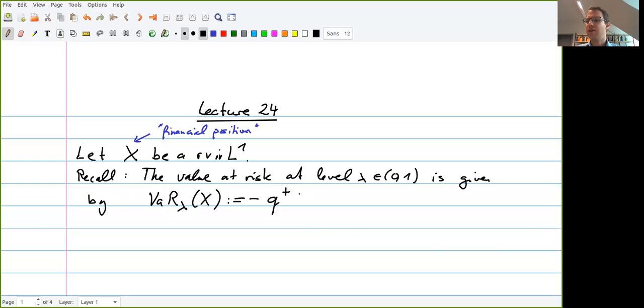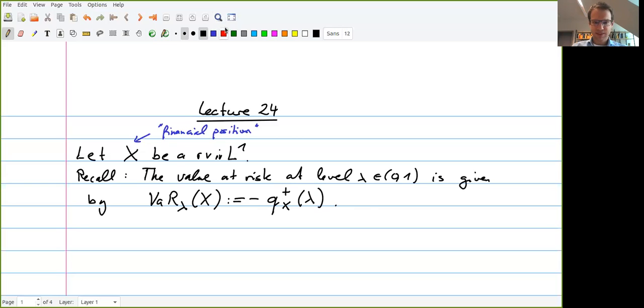And since we have here possibly non-continuous distribution, we need to decide whether we take the left or the right inverse of our distribution function. And then we normalize it with a minus because we want to quantify the risk in the sense that this is something negative. But of course, this is somehow the perspective we decided to take here.